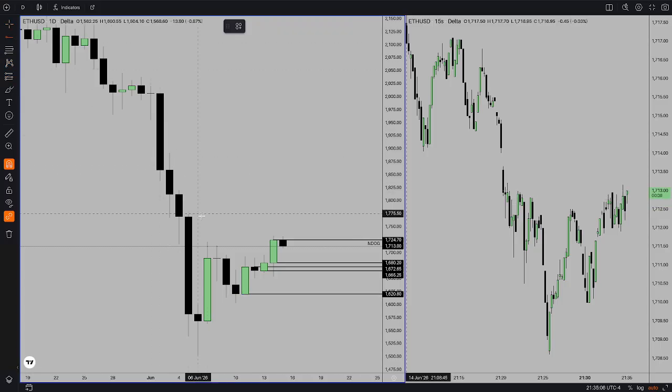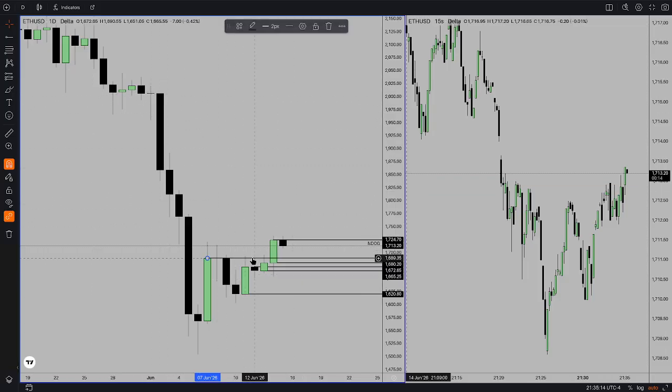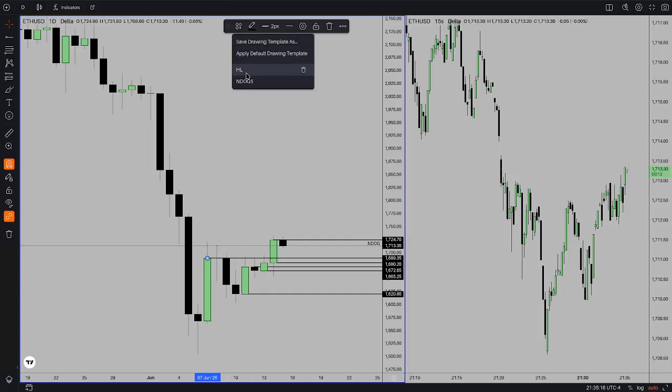And this level also, I should mark that as NDOGs, sorry, my bad.